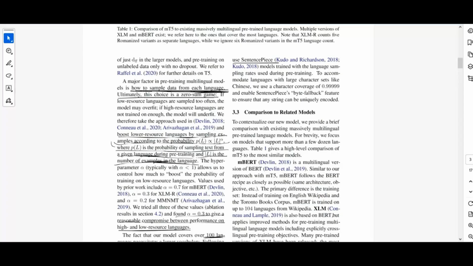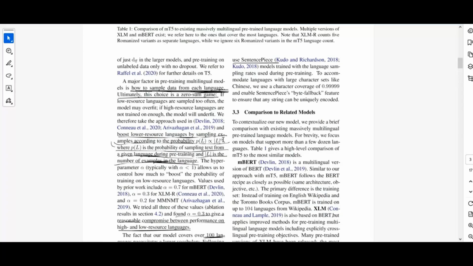And one way to avoid that is to sample data from high resource and low resource languages through some proportional measures. So the approach that they take is here. They say the probability of sampling data from some language is proportional to the number of examples or samples that exist for that language to the power of some number, which they call alpha, and this alpha is a hyperparameter that can be varied.